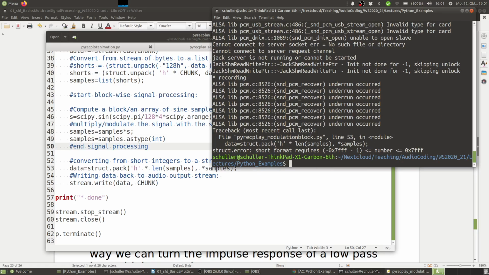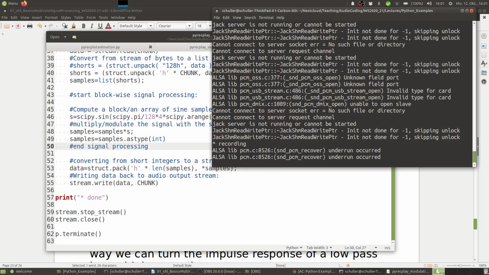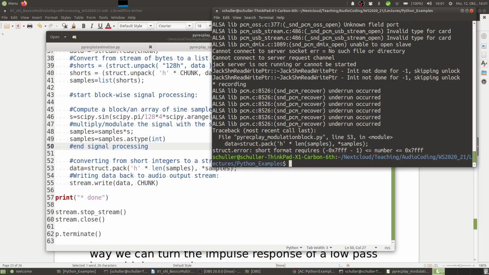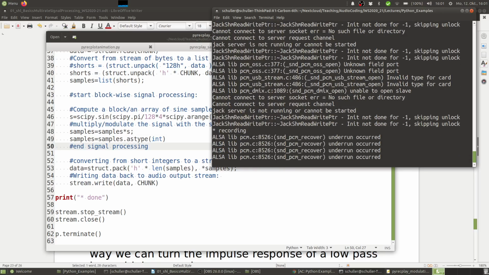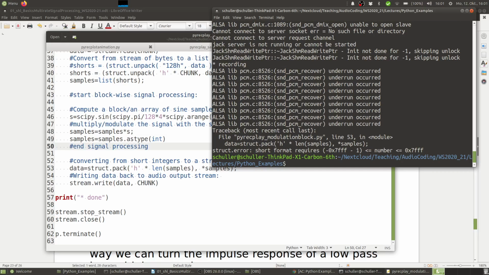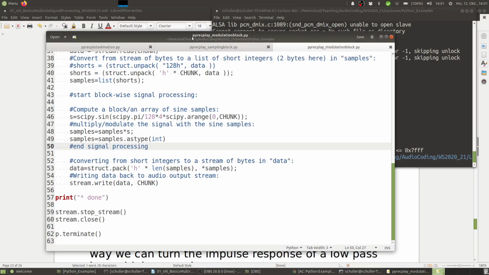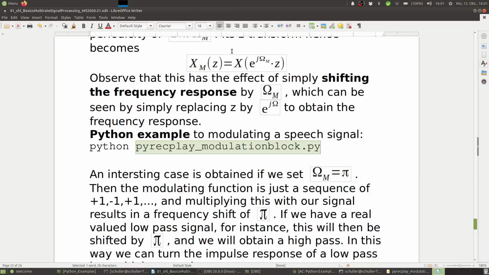Test. Test. So very short. Test. So there was actually an overflow. But you could hear my voice was much higher, like a Mickey Mouse voice, right? And this is the effect. I was shifting my voice to higher frequencies, and it turned my voice into a Mickey Mouse voice.